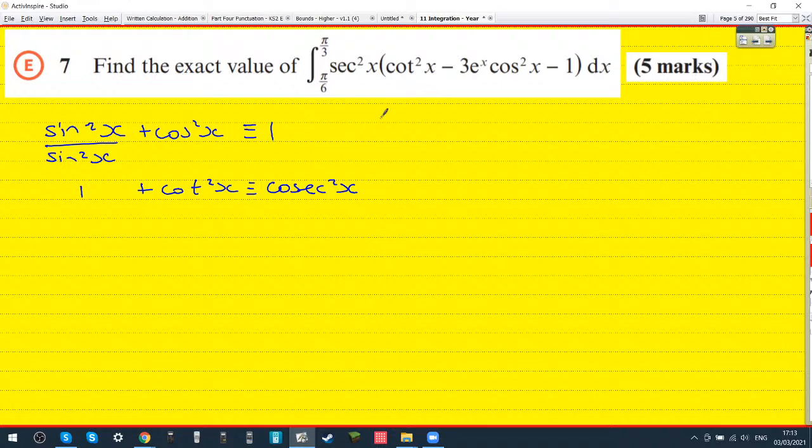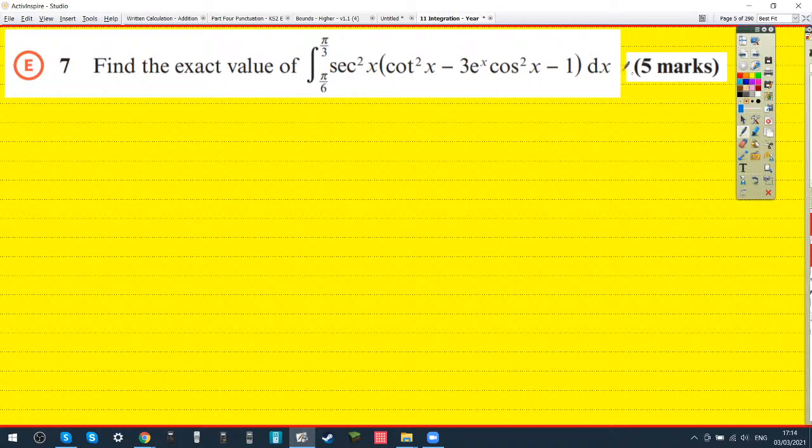Wait, is this by parts or something? Why are they doing this to me? Let's just expand the bracket, see if we can figure something out. Okay, so sec squared x cot squared x minus 3e to the power of x sec squared x cos squared x minus sec squared x.